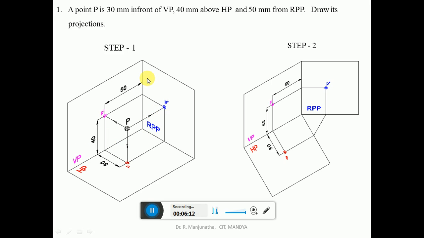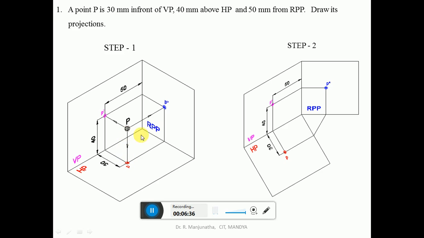Now we will analyze how the image of this particular point is going to look in each of the planes. When we look from the front view, the distance 40 mm above HP is seen.